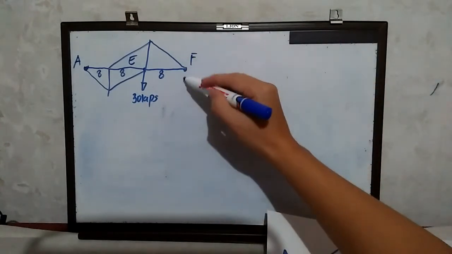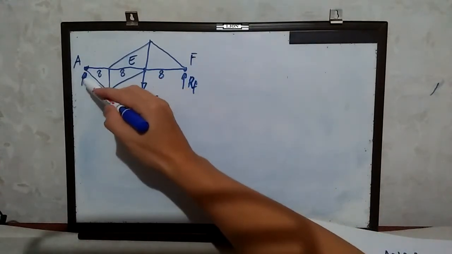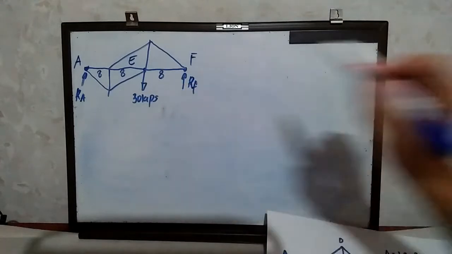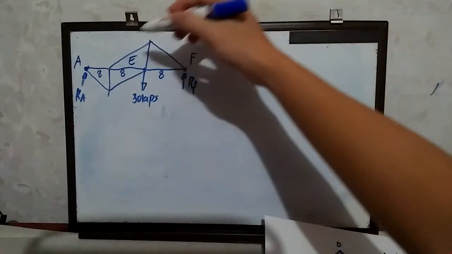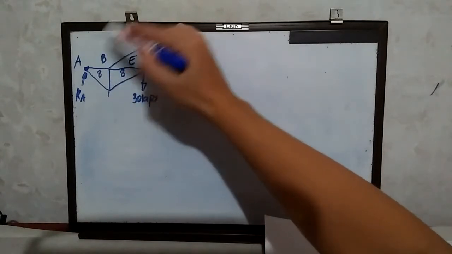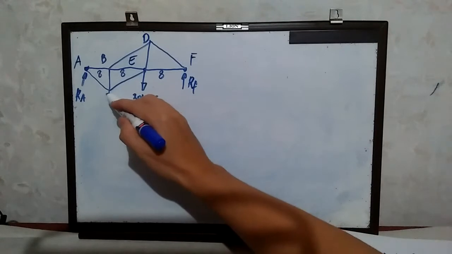All we need to do is solve for this one, R sub F, and this one, R sub A. Okay. And what are we going to do from this point? So this is B, then this is point D at this portion, and then this is C.